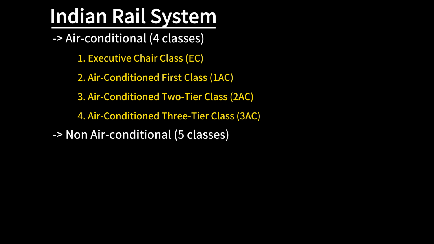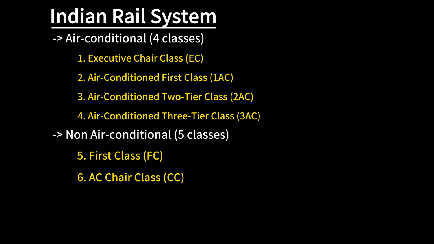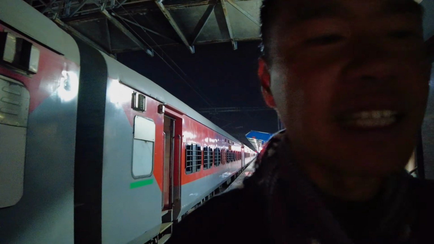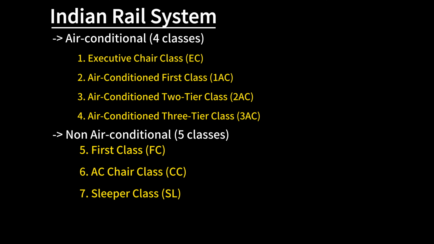As for the non-aircon classes, I'm going to read out the higher class first, followed by the lower class. First thing first, FC, first class. Remember, that's non-aircon. Within the non-aircon, there's first class. Second, sleeper class.